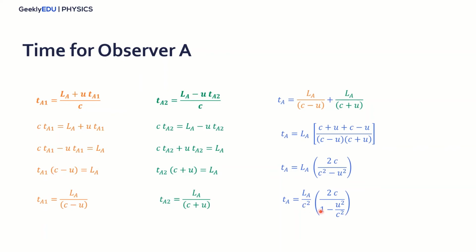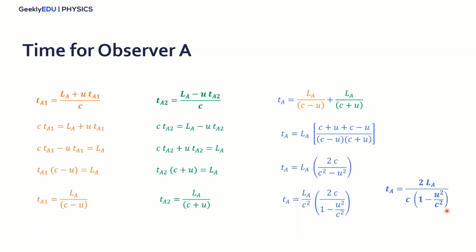From here, we can also do some simplifications, right? We can cut the C squared and the C over here. So we have that the total time for A is 2LA over C times 1 minus U squared over C squared. You can see that this part down here, it may remind you of something, okay?